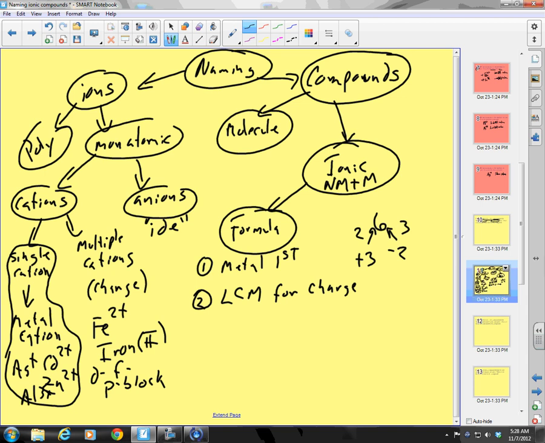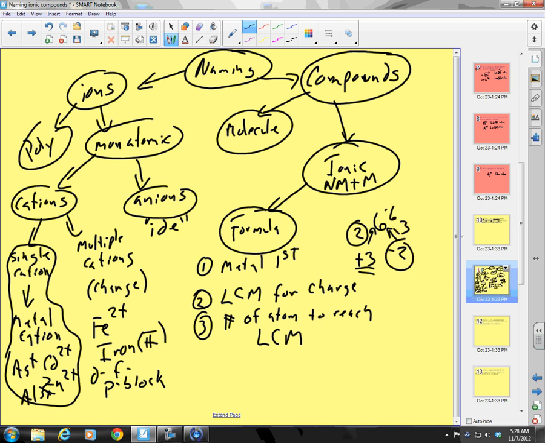So we find the least common multiple based on their charges, and then determine the number of atoms needed to reach that least common multiple, like we just did here. I said, if I have a +3, I need 2 of these to get up to 6. And if I have a -2, I need 3 of those to get to -6.